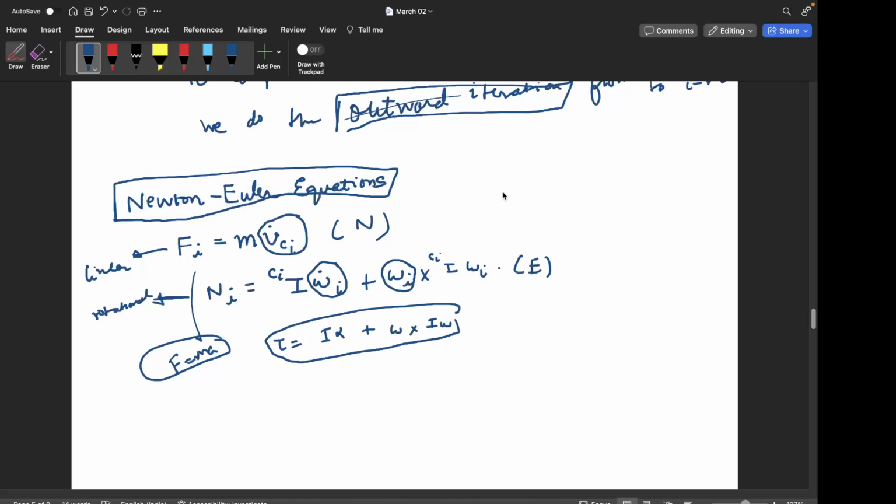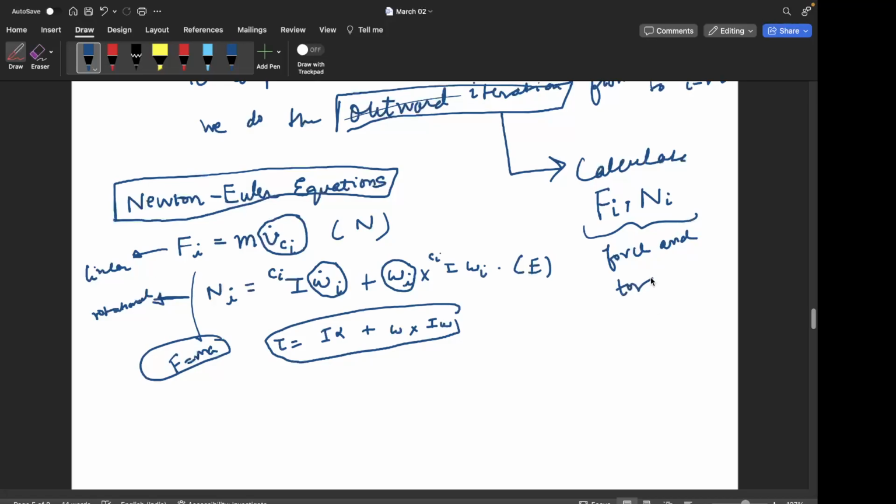So after outward iteration, we calculate Fi and Ni. So these are the force and torque at the center of mass of each link.